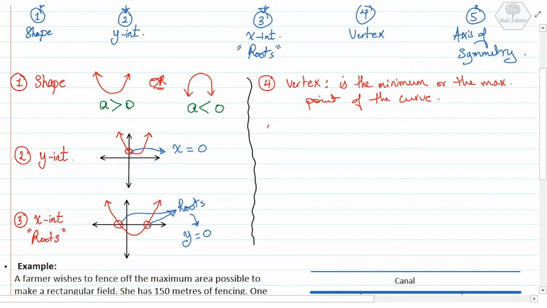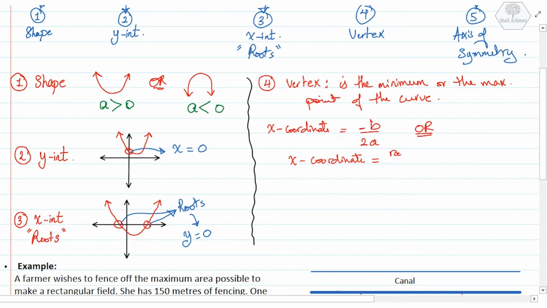The x-coordinate of the vertex is equal to minus b over 2a, or the x-coordinate of the vertex, I can find it by adding the roots and dividing by 2, taking the average of the roots.